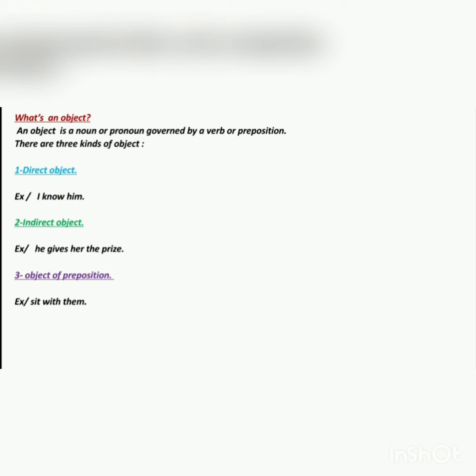You sit with them. So here the subject is an implied pronoun. Sit with them is an imperative sentence. And also we have the preposition with. So here it is the object of the preposition. Sit with them.